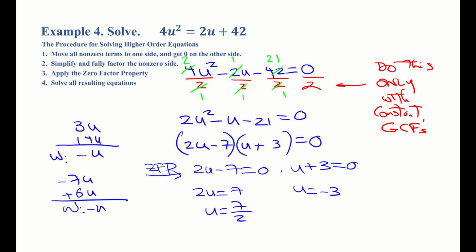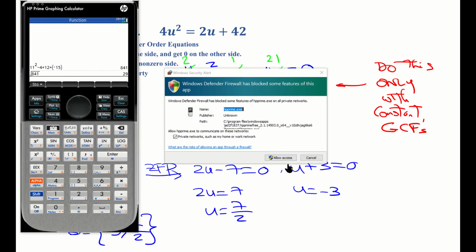And definitely, if you have the time, check these. It's great practice with arithmetic skills anyway. So here we get s equals negative 3 comma 7 halves, right? All right. So even if we don't have time for a full check, we can always do a quick calculator check, see if it works out.